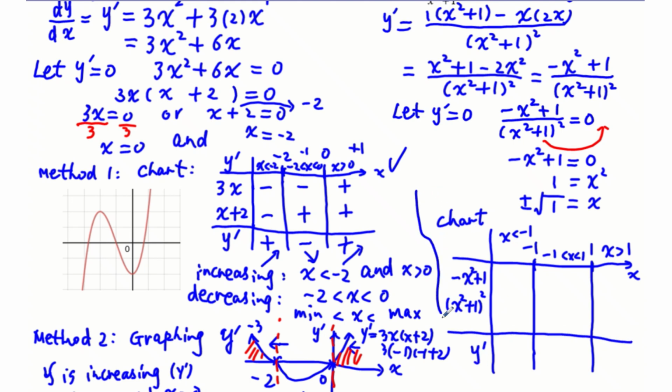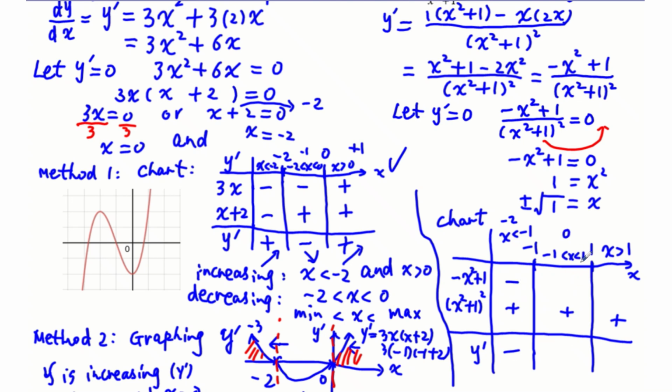So when x is less than negative 1, we just pick a random number, negative 2 or negative 100. We put it here, you will see negative 2 squared gives you negative 4, plus 1 is negative. This one doesn't matter what number, when squared it is always positive. So negative divided by positive gives you negative.